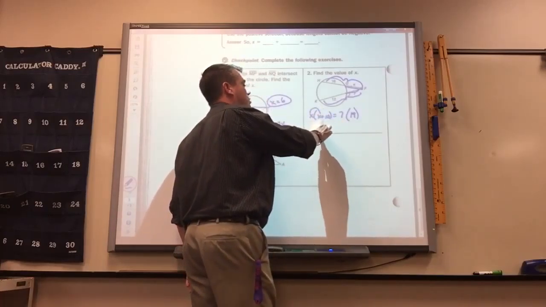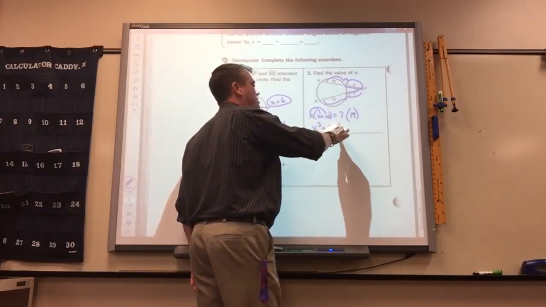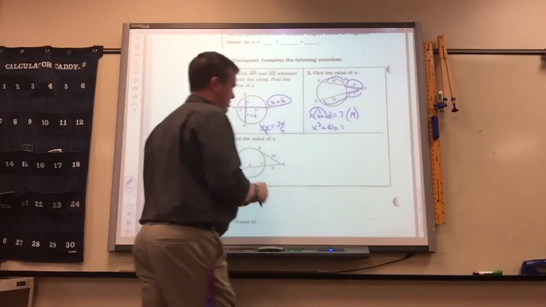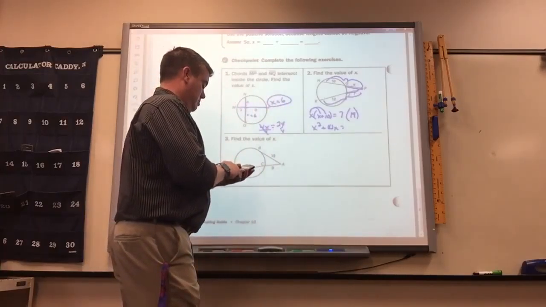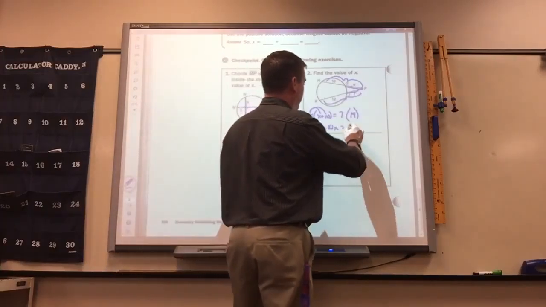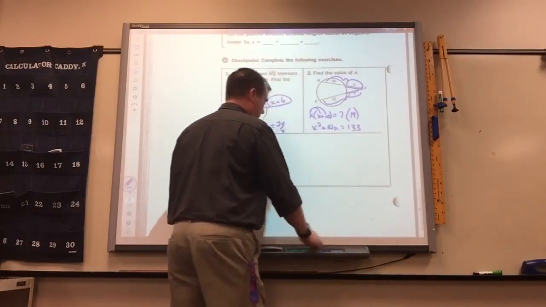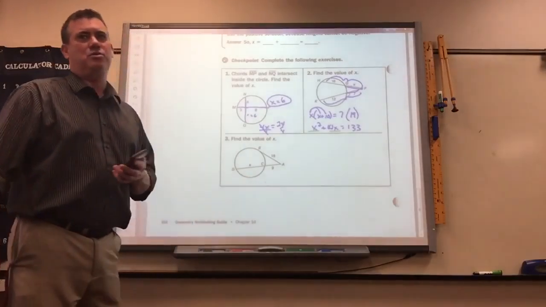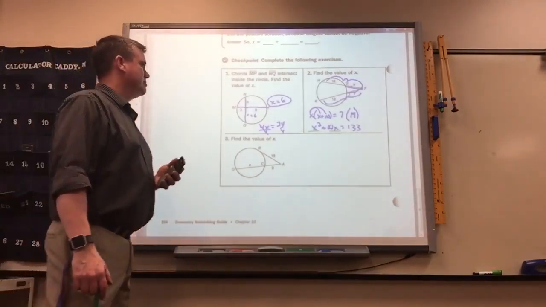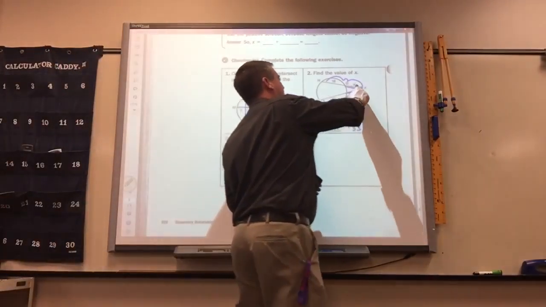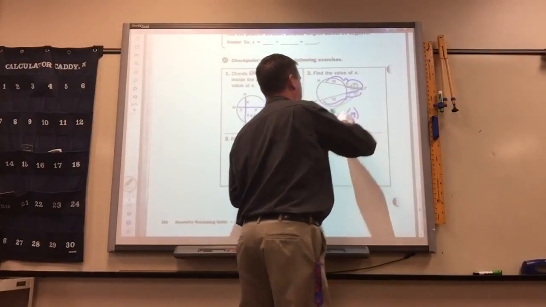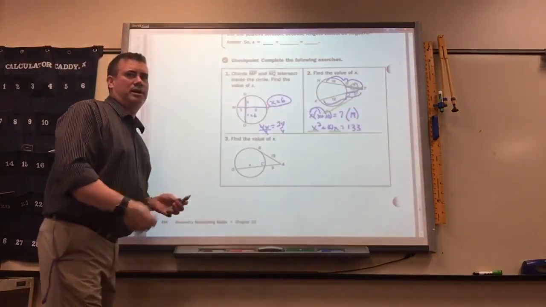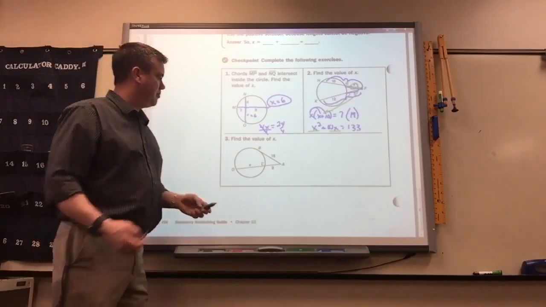So that would be x squared plus 10x equals 133. So again, if you've got an x squared and an x, you'd have to use the quadratic to solve it. So anytime the x is on the outside, that's going to happen. So we won't do any with the x on the outside.